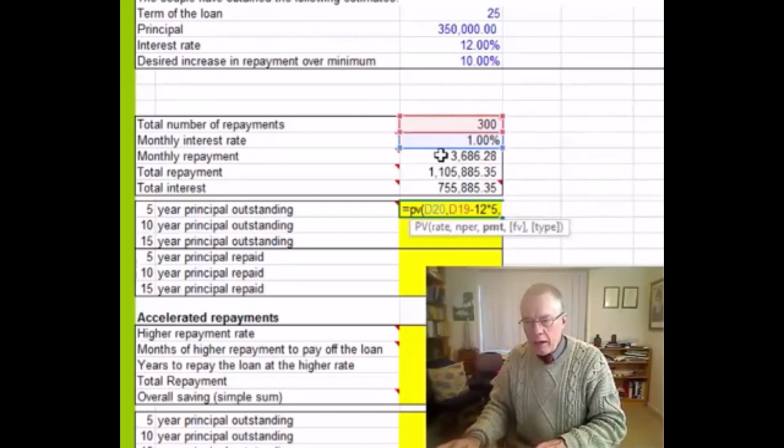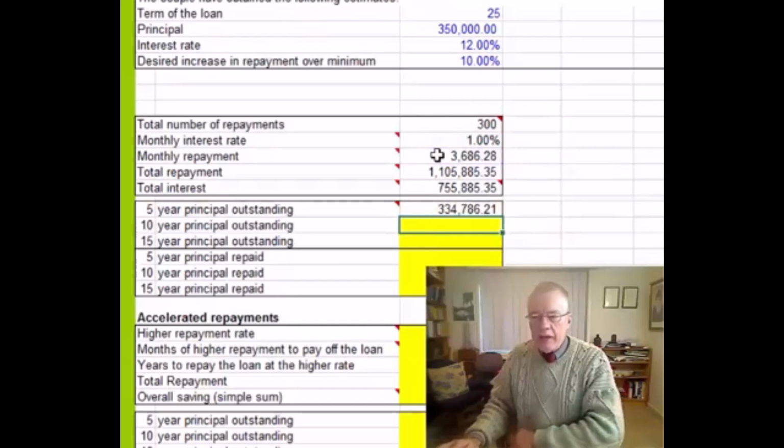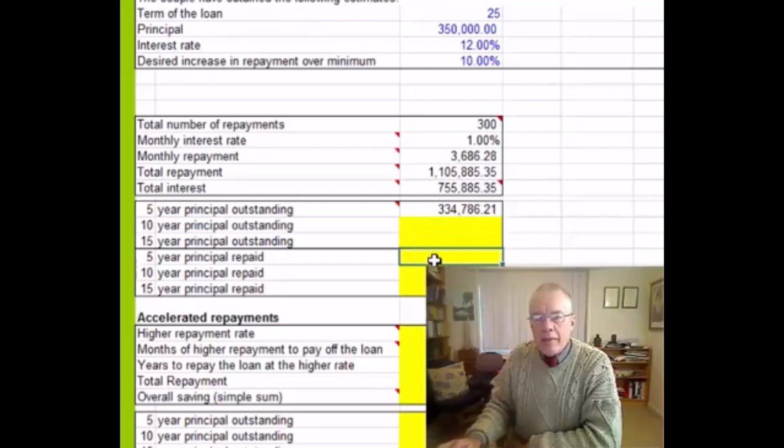Again, I'm going to put in a minus number here, and the purpose of that is simply to stick with Excel's conventions for sign. And it's minus D21, close brackets, and that tells me that at the end of 5 years I have a principal still outstanding of $334,000.